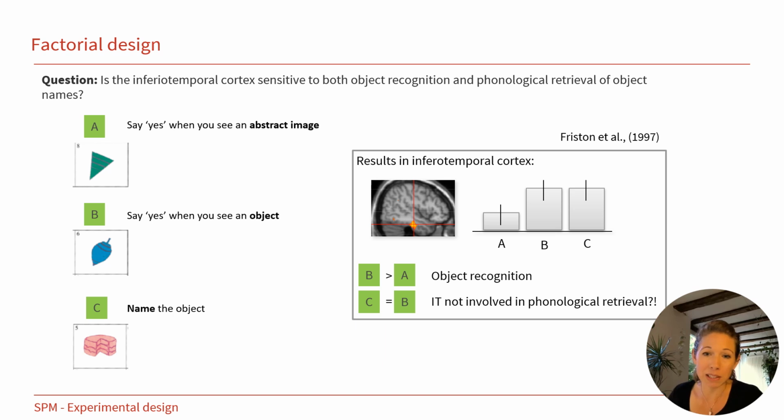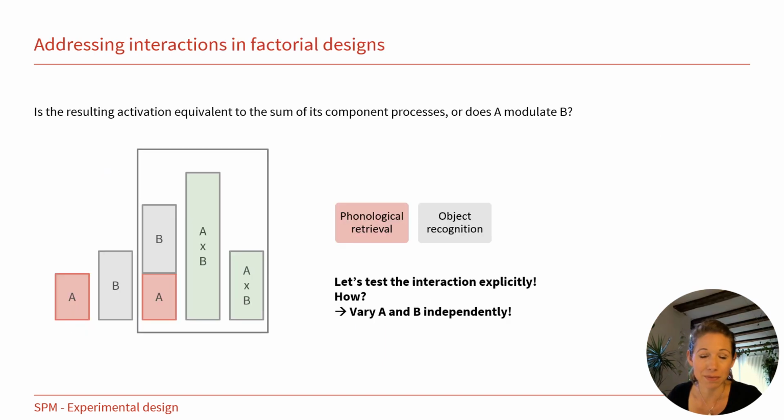However, the problem is that there could be an interaction effect. So you remember that slide. It could be that we don't have this scenario here when adding phonological retrieval regarding objects and object recognition.